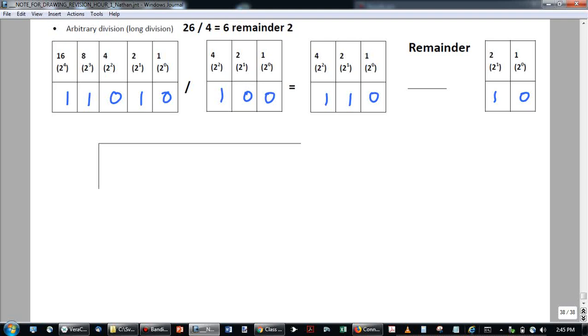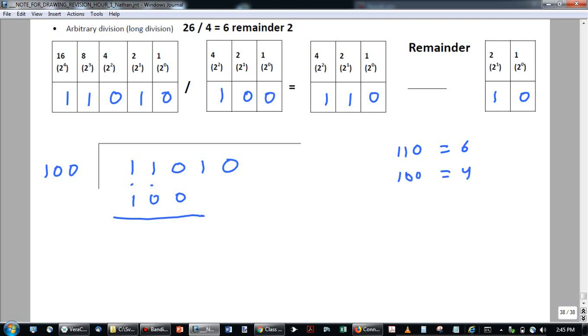So what am I dividing by? 4. What am I dividing into? 11010. And now I'm going to do the long division. First thing is 100, does it fit inside 1? No. Does it fit inside 11? No. So it will fit inside 110, correct? Yep. And so 110 is 6, right? 100 is 4.